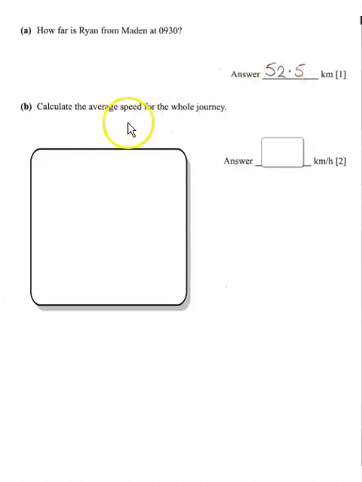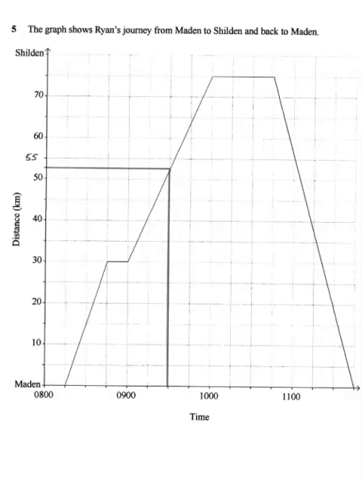The next one says calculate the average speed of the whole journey. If we go back to this graph here, speed equals distance over time. So we find out what the distance was for the whole journey. It takes 75 kilometers to get to Sheldon and 75 back, so that's a total of 150 kilometers.